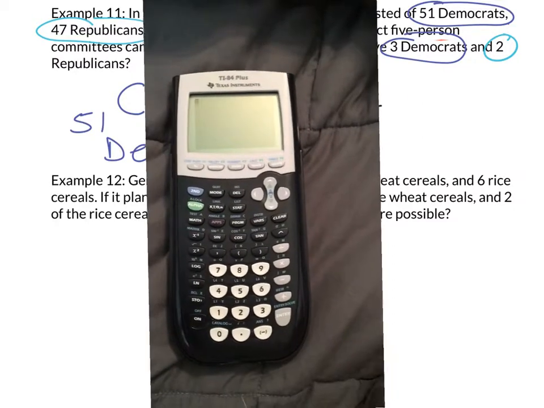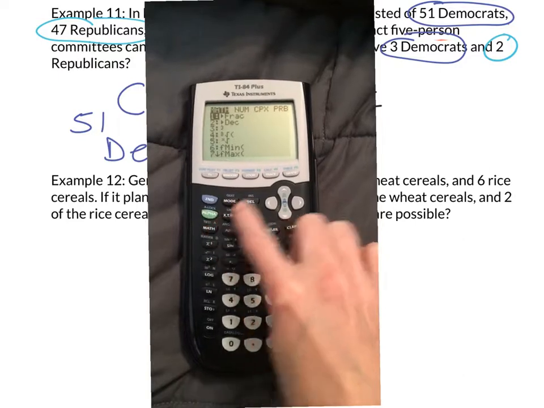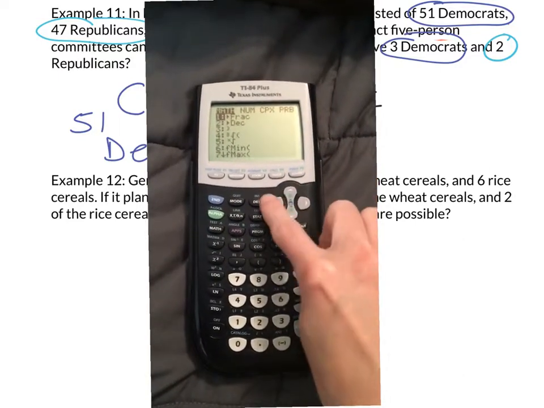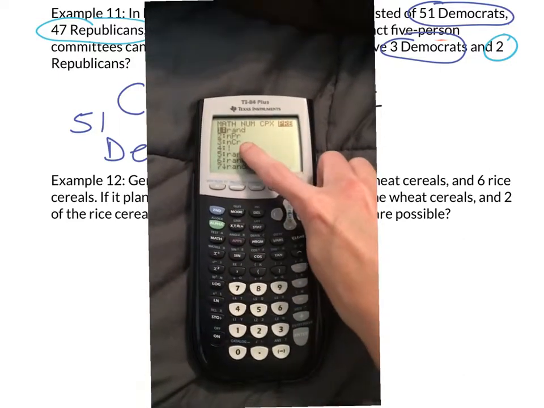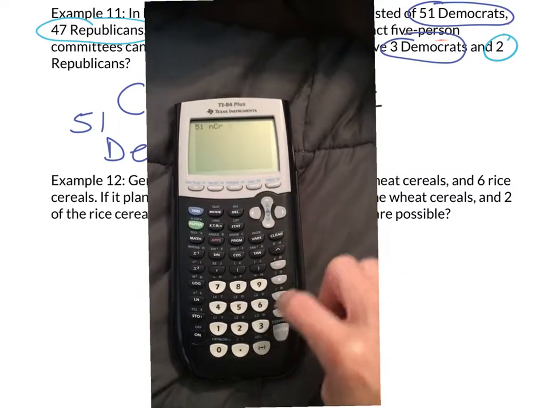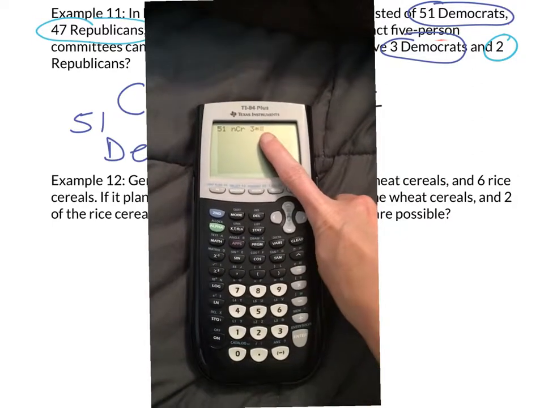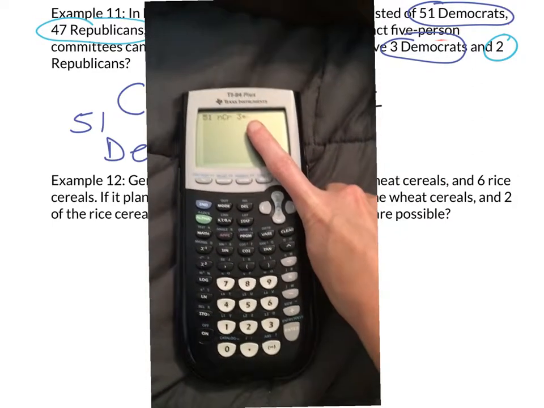So we had 51 combinations, so math button, go over to PRB. NCR is option 3, and we were choosing 3. You have to hit the times symbol in between those NCRs.